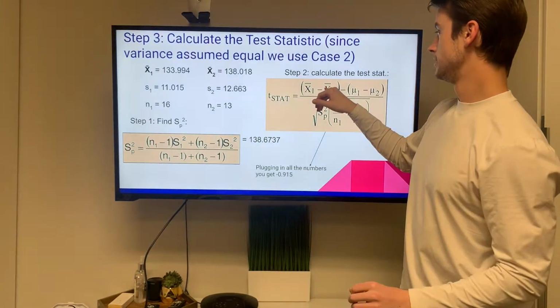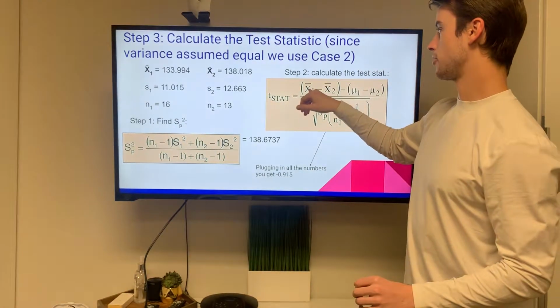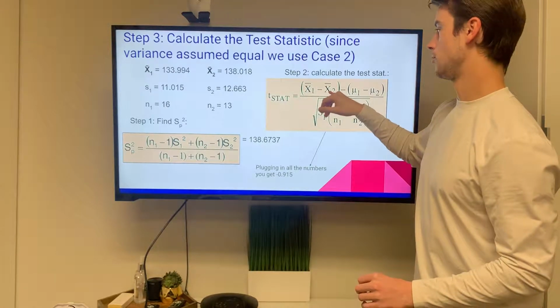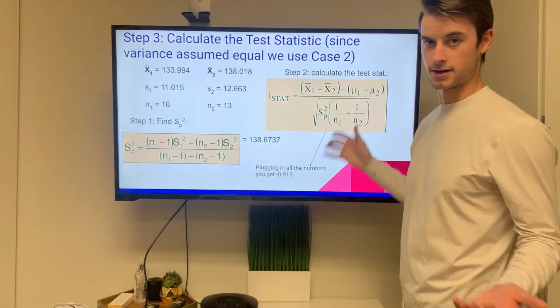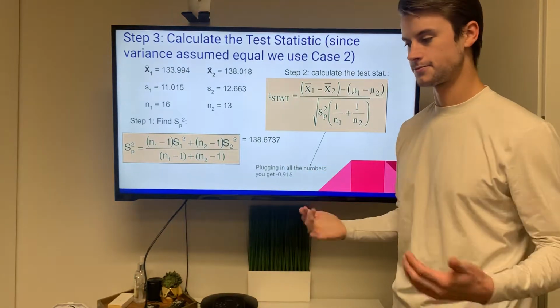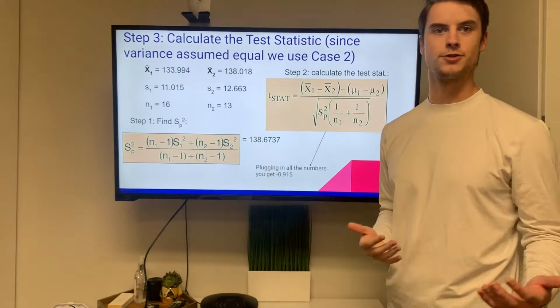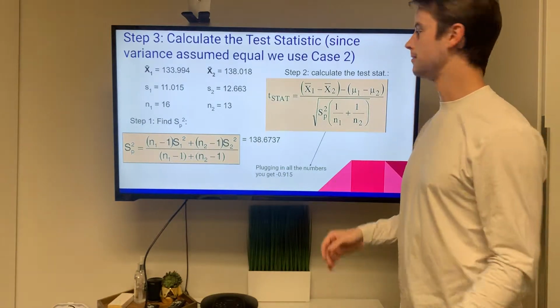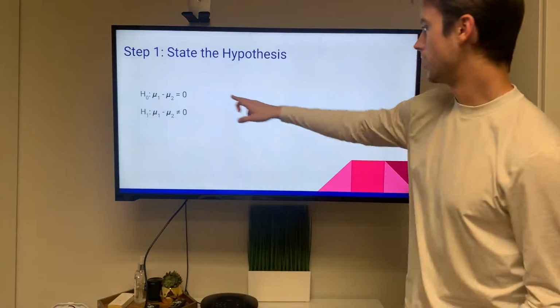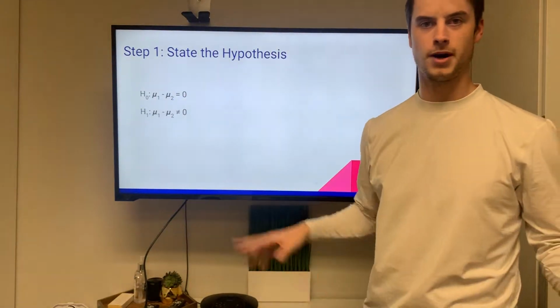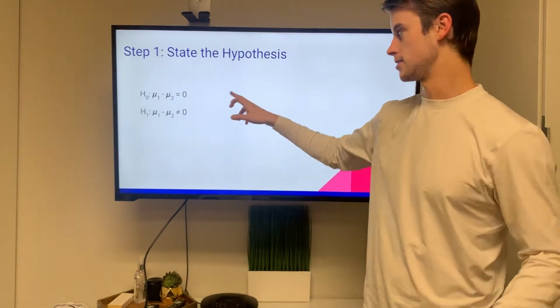So in this case, it would be 133.994 minus 138.018 minus 0, because our magnitude was 0. Whatever this is, that's what goes in for mean 1 minus mean 2 for the true population.